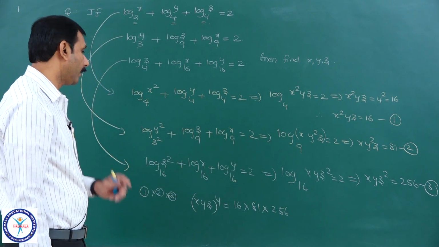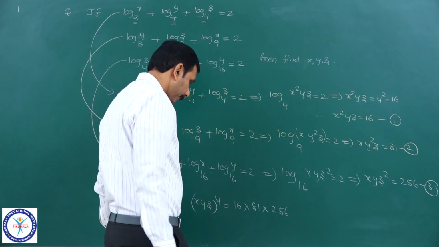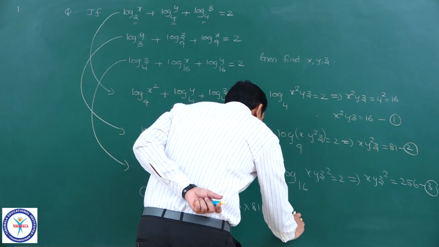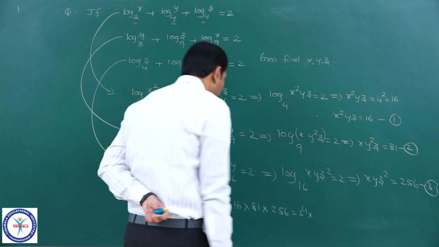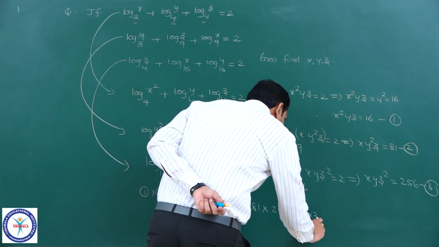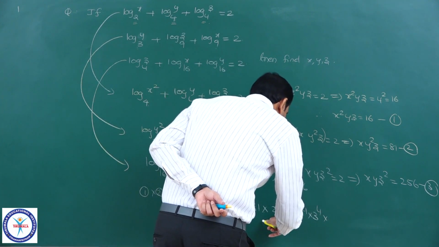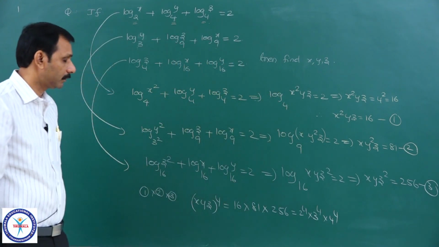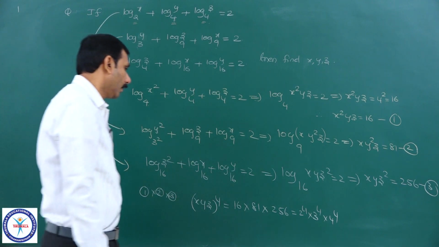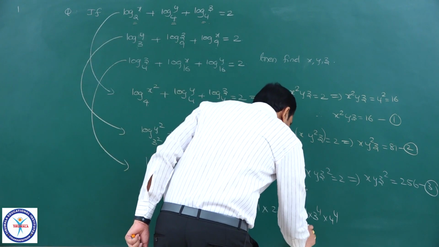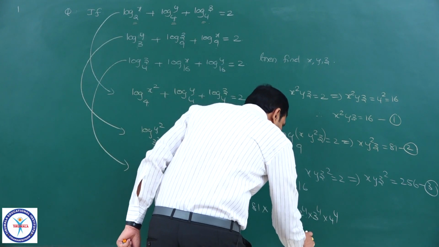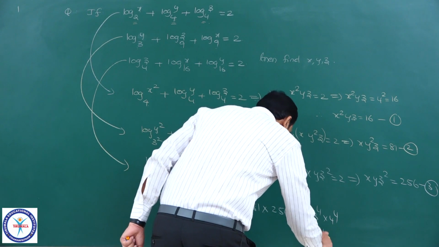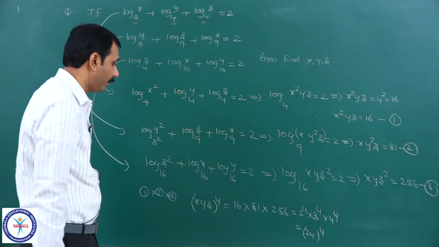As power 4 I will write. See here. It is 2 power 4, 81 is 3 power 4, 256 is 4 power 4. Therefore, it is equal to 2 into 3 into 4, 24 whole power 4, what it is, x, y, z whole power 4.